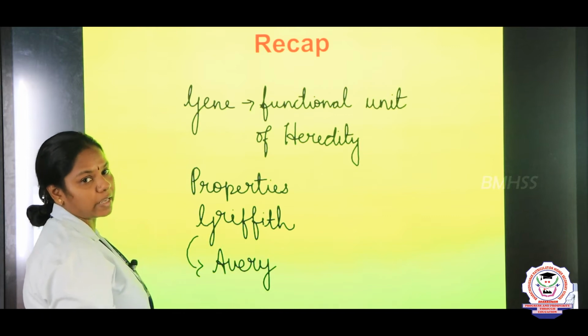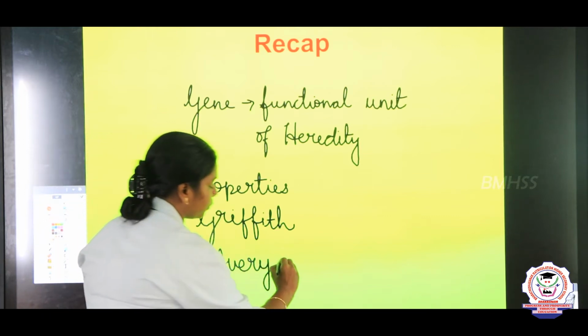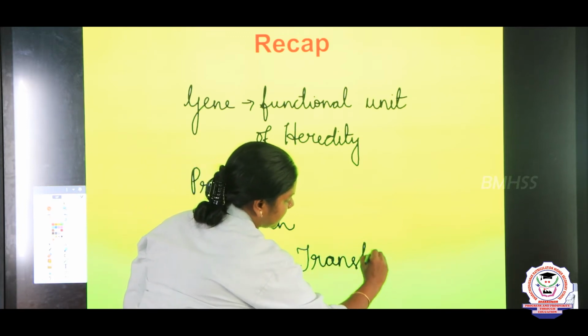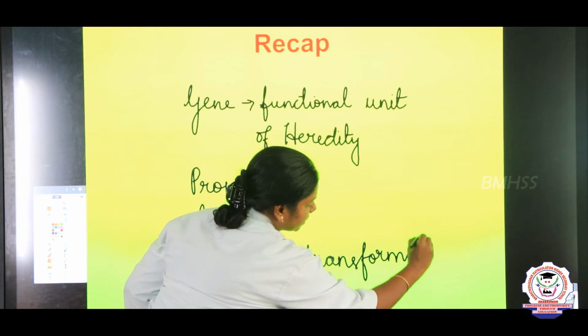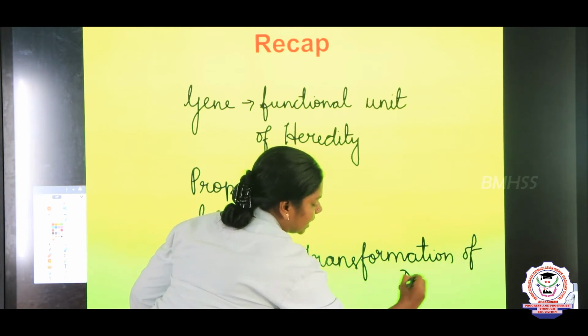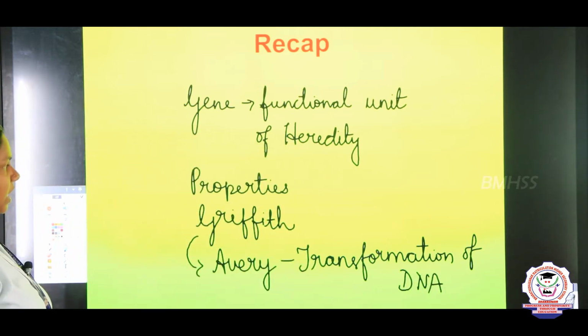McCarty, McLeod and Avery, they three reworked on the Griffith experiment and proved the transformation principle of DNA. DNA has a capacity to transfer from one cell to another cell. So, transformation of DNA. These are all the things we discussed in the previous session.